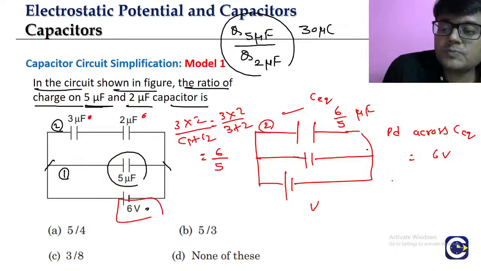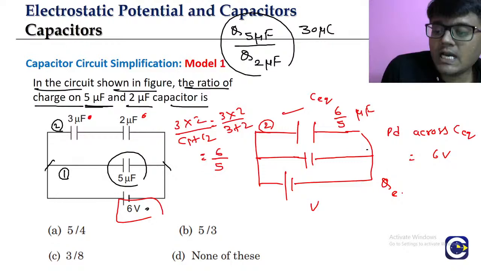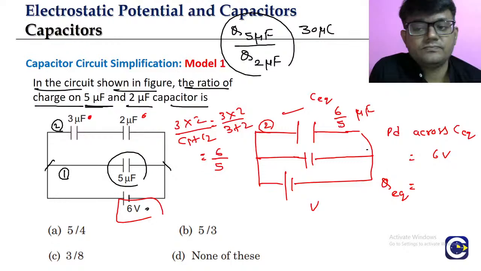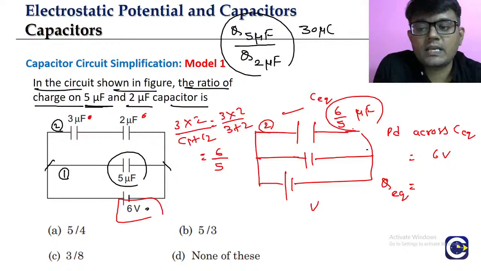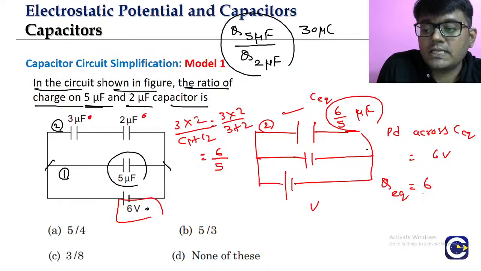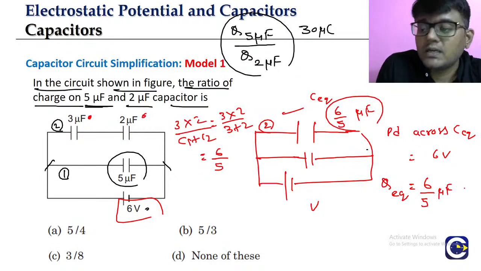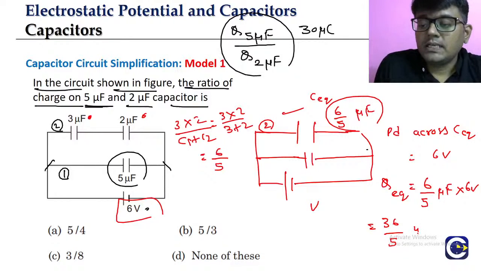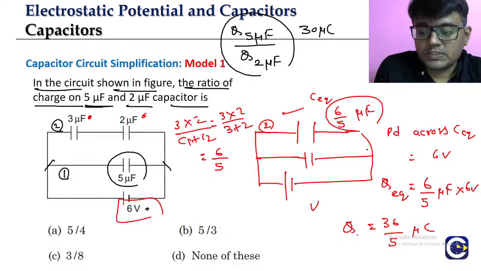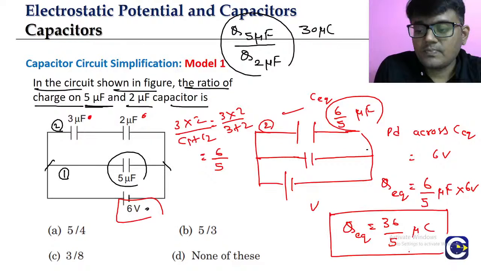Which means the charge on the equivalent capacitor, with equivalent capacitance value 6 by 5 microfarad, right? So what is the charge on that? 6 by 5 microfarad into the potential difference 6. So totally what is coming? 36 by 5 microcoulombs. That is the charge on the equivalent capacitor.